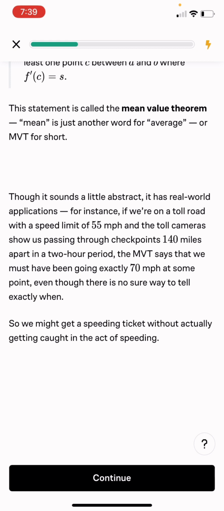Visually, this says there must be a point c where the tangent line is parallel to the green segment line below, since the segment line slope is f of b minus f of a over b minus a. So there has to be a point where they meet, because it wouldn't be possible otherwise.